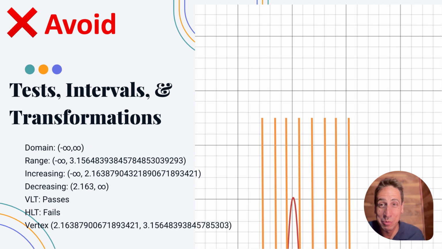If I really wanted to bore you, I could say the range is negative infinity, comma, 3.15648393845784853. Oh my gosh, end it. No. Please don't recite your numbers. We can read the numbers if we need them.